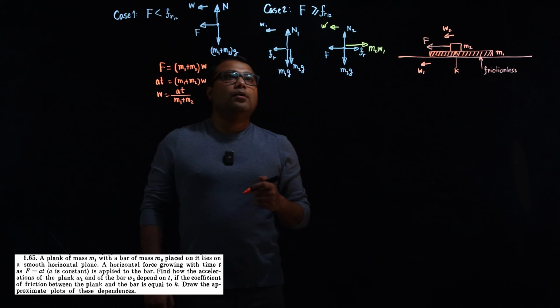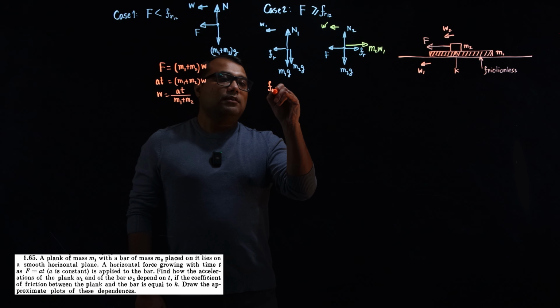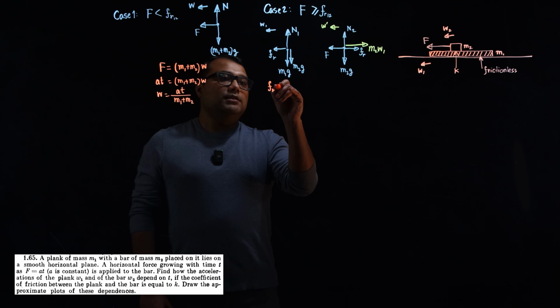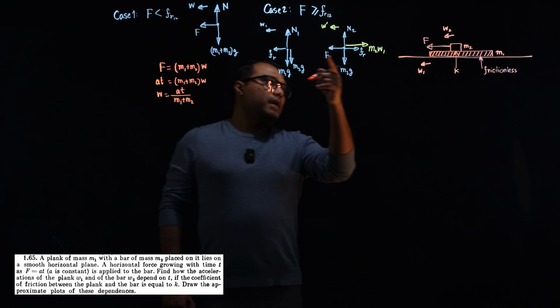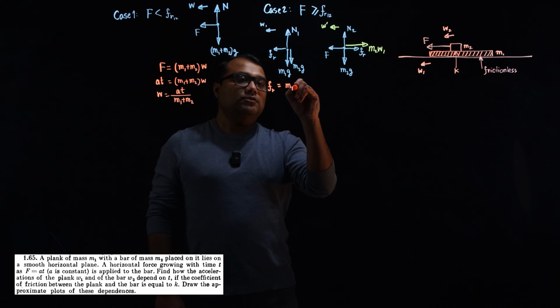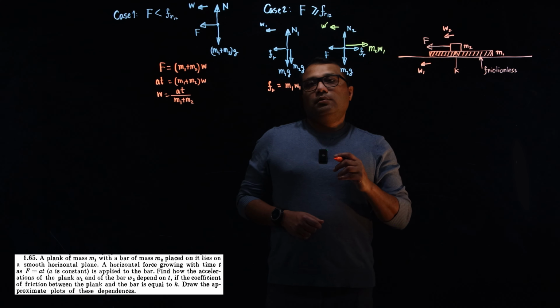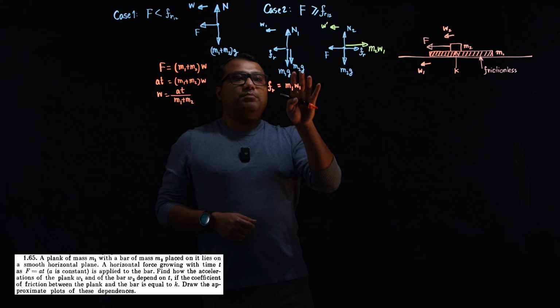Now from here we can write Fr, the friction force, is responsible for M1's acceleration. This is M1's free body diagram, so M1 W1. And N1 will be (M1 plus M2)G.